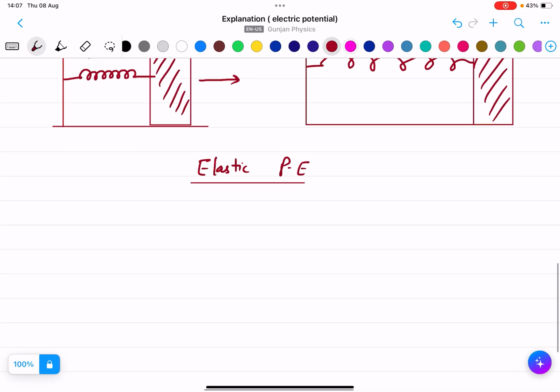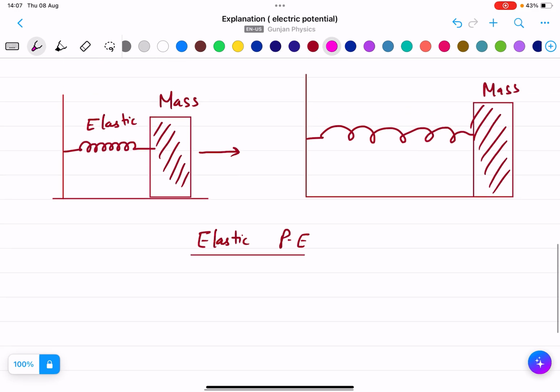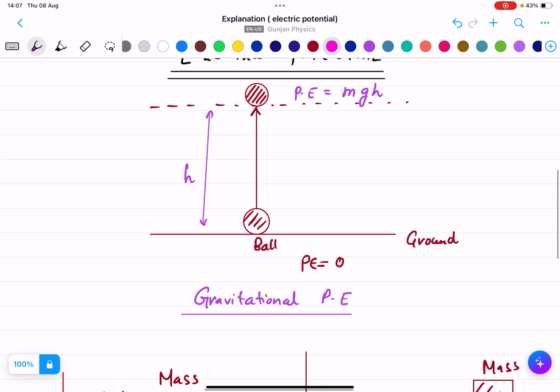Now what is potential energy? You don't need to remember the definition. In this case gravity is in this direction, but we are working in the opposite direction, against the gravity.